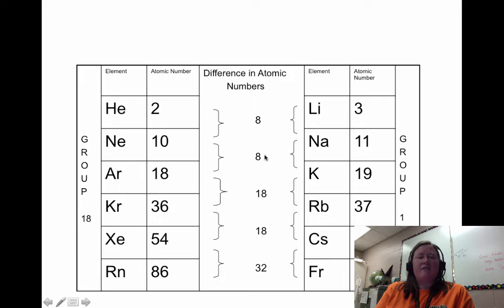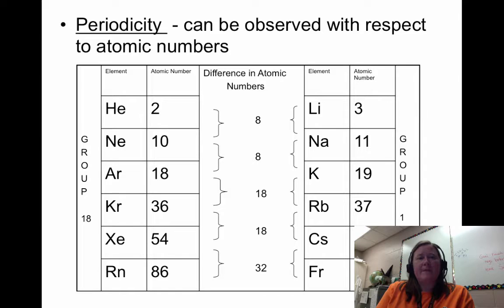From the second to the third, the difference is 8. From the third to the fourth, the difference is 18. And then the same pattern can be seen as you go down the group. So that was one of the periodic trends that could be seen. So periodicity can be observed with respect to atomic numbers. Patterns are seen repeating with respect to atomic numbers.